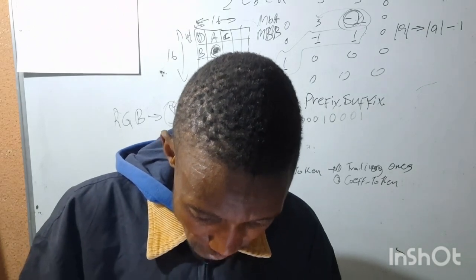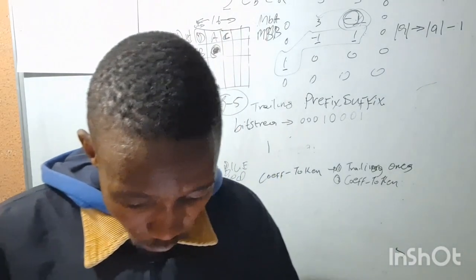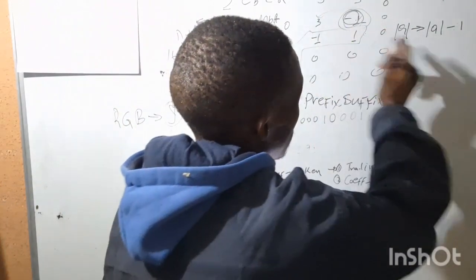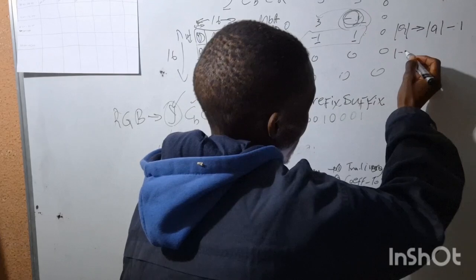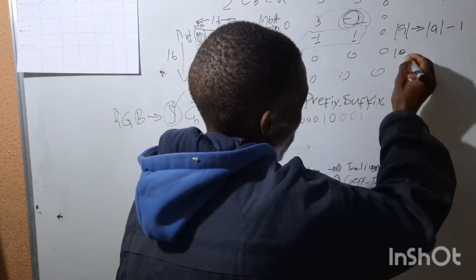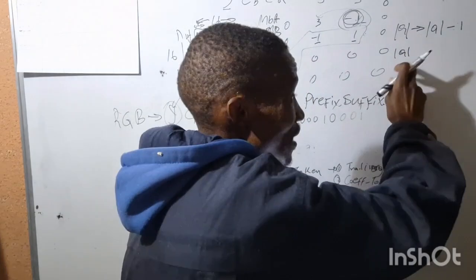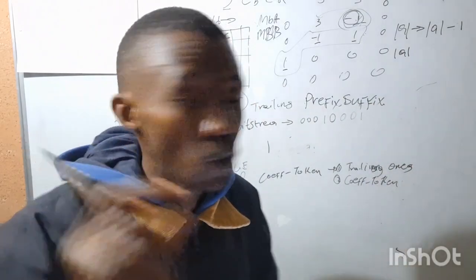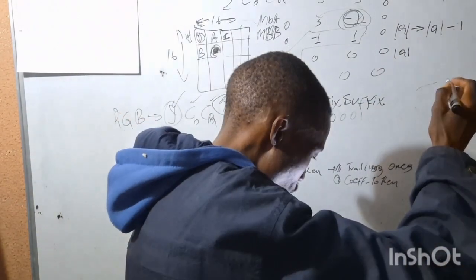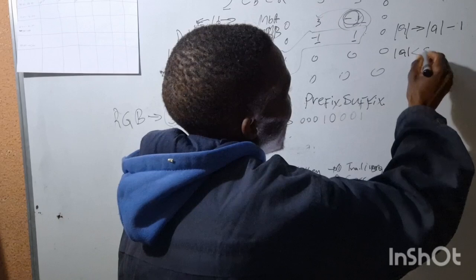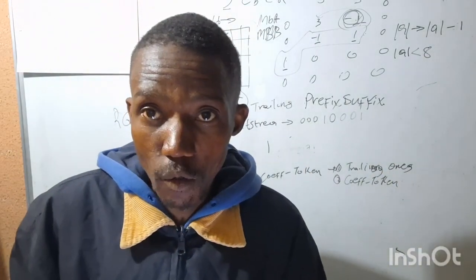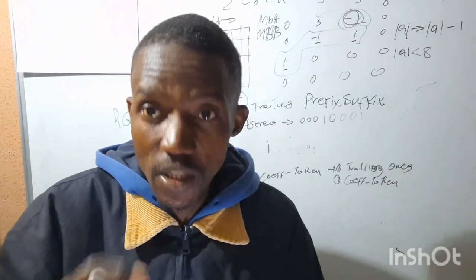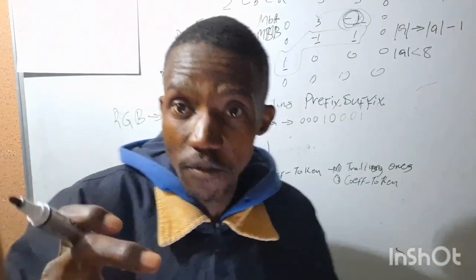The third step says if the absolute value of a, which in this case is -1, and this a refers to the level that you are encoding, if this absolute value is less than 8, it gives you the formula to calculate the number of zeros that precede your 1. That means it gives you the prefix part.